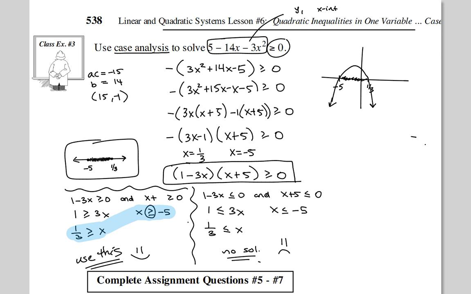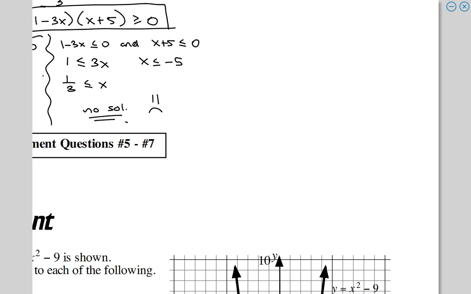Okay? So homework will be number 1 for sure. One and 2 are very similar, so you can do one of those. 3.